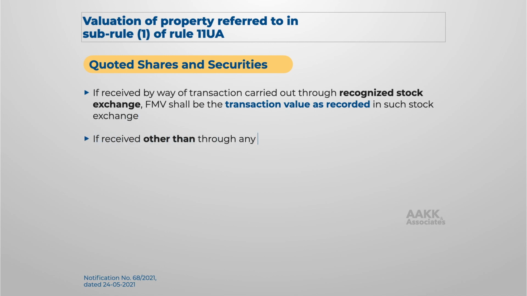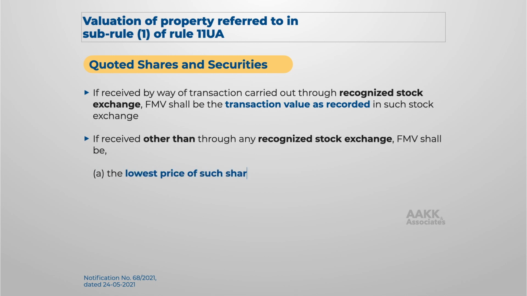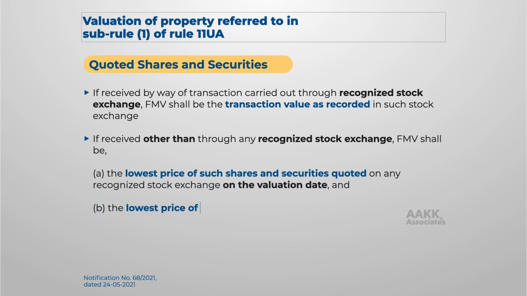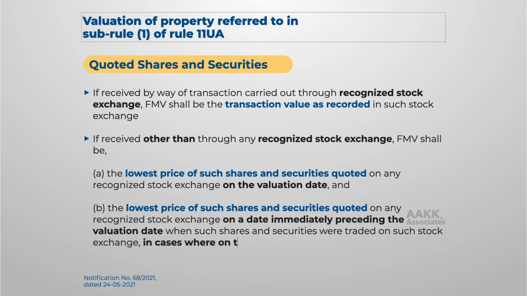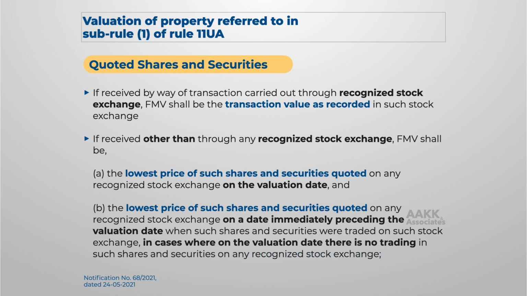If received other than through any recognized stock exchange, fair market value shall be A. The lowest price of such shares and securities quoted on any recognized stock exchange on the valuation date, and B. The lowest price of such shares and securities quoted on any recognized stock exchange on a date immediately preceding the valuation date, when such shares and securities were traded on such stock exchange, in cases where on the valuation date there is no trading in such shares and securities on any recognized stock exchange.